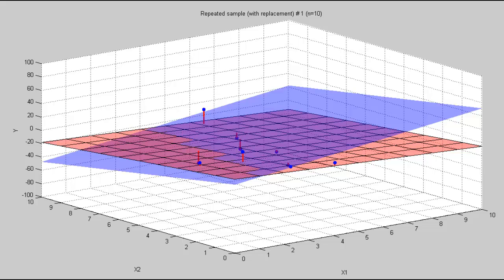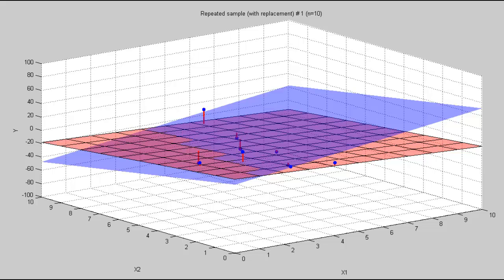Now, one of the reasons that these are so different is because I drew a very small sample. So let's just look at it for a while, and let's look at what it looks like if we were to repeatedly sample from the population. So I'm going to take these 10 data points, I'm going to put them back into the target population, and I'm going to randomly select a new 10 points.